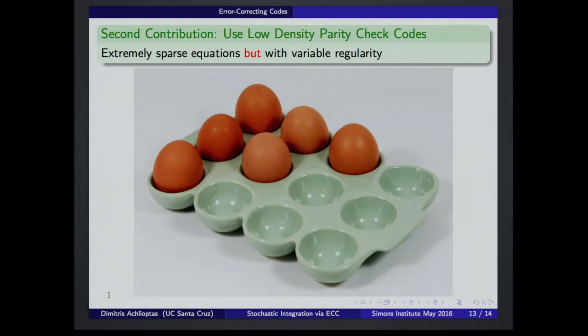So I would like to argue that this looks very much like a modern error correcting code in the following sense. Two dimensions correspond to the binary cube, the third dimension corresponds to the number of violated equations, and the bottom of each one of those regions corresponds to a code word.